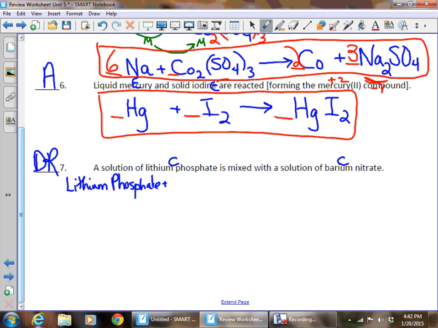Lithium phosphate plus barium nitrate. Remember, the best way to do this is just to flip out those first two elements. So we're going to take lithium and barium and flip-flop them. We're going to put the barium with the phosphate, and we're going to put the lithium with the nitrate.